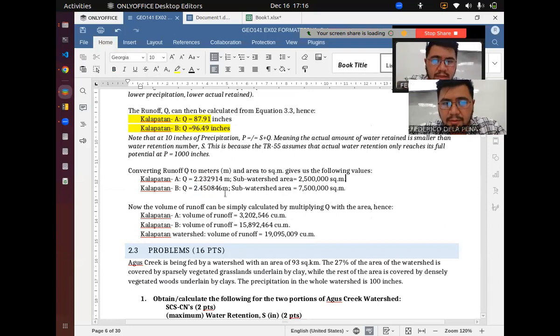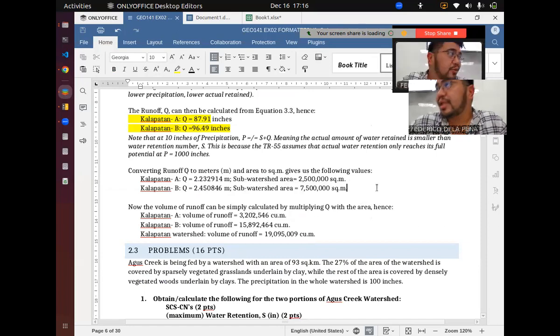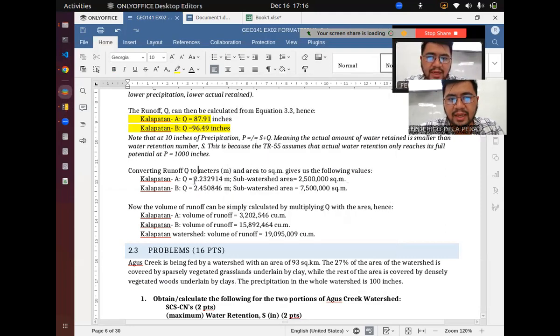All right, so we have now these quantities. All we have to do is multiply them and then add them together to get the total runoff for the whole watershed. So 2,500,000 multiplied by 2.232.